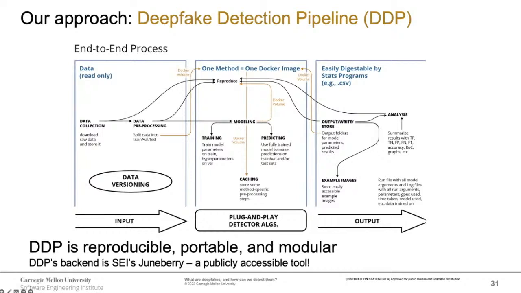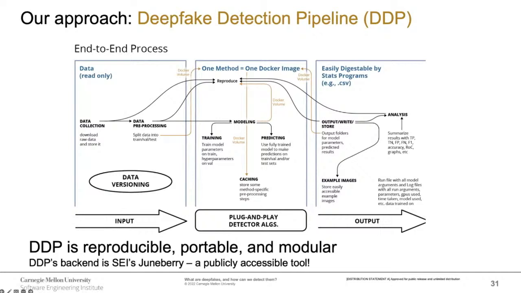In between, there's some data pre-processing and transformation. If you want to extract facial landmarks or do a Fourier transform, you can do all that. We like to say that it's a plug and play detector. Finally, we output the results in useful ways, which include example images, so we can actually see what's being classified as fake or not, as well as evaluation tools such as accuracy, the true positive rate, or the true negative rate.